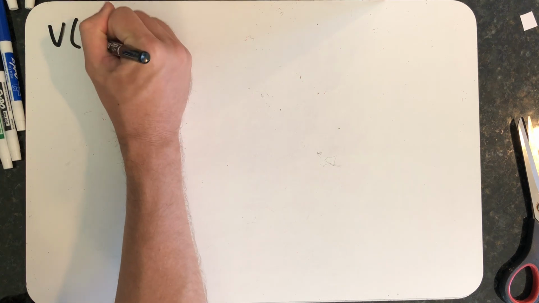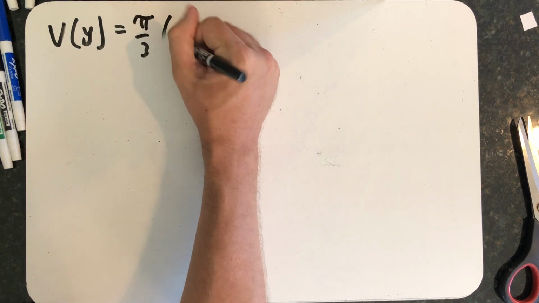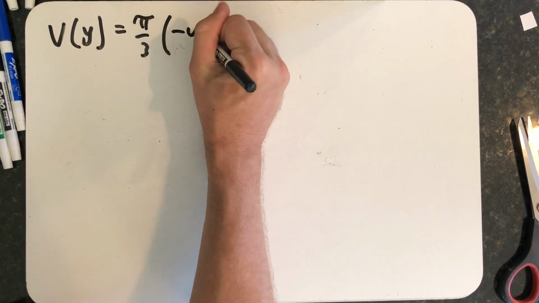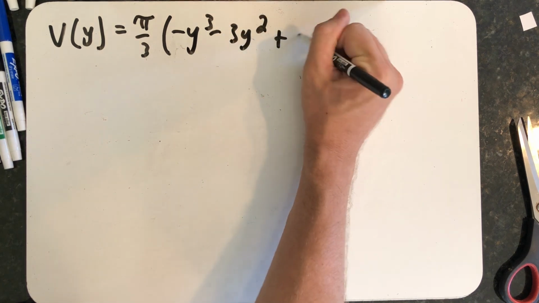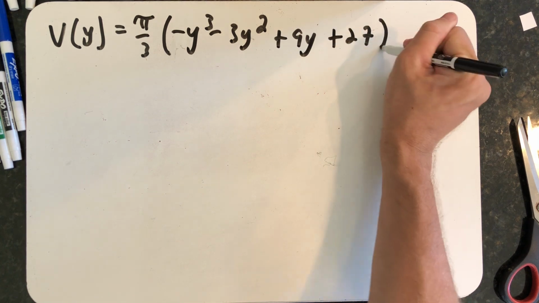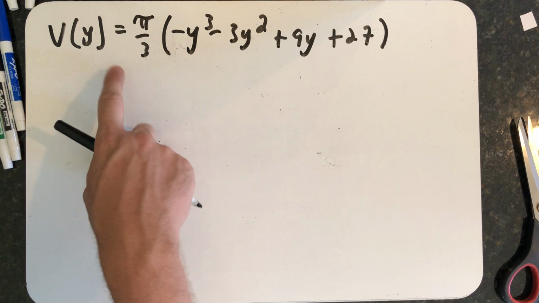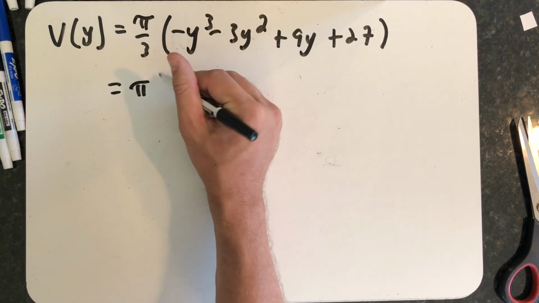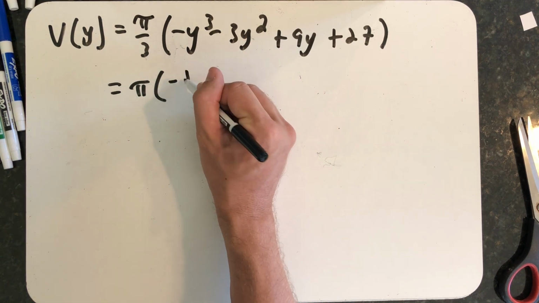So I have a volume function on the variable y. Let's see. I had a minus y cubed minus 3y squared plus 9y plus 27. I could distribute the 1 over 3 and hold the pi outside, and that's actually what I want to do. Pi is a constant, so is the 1/3, but so many things in there are divisible by 3.